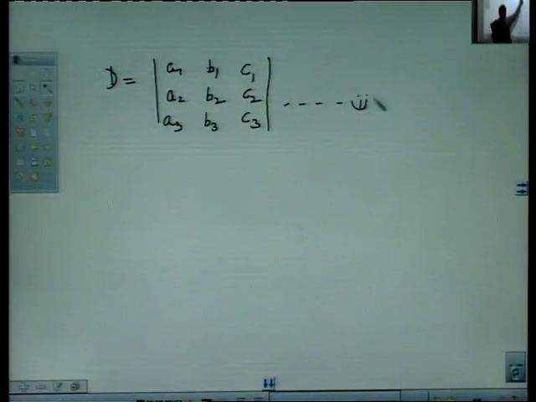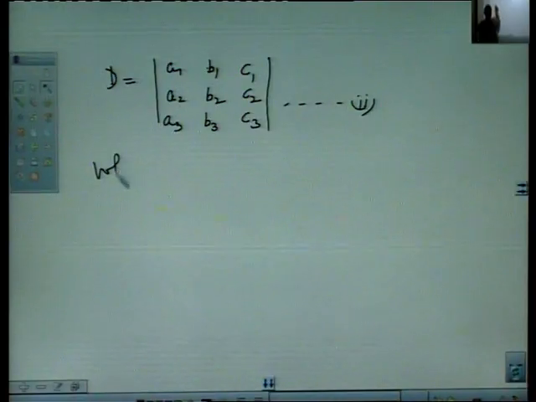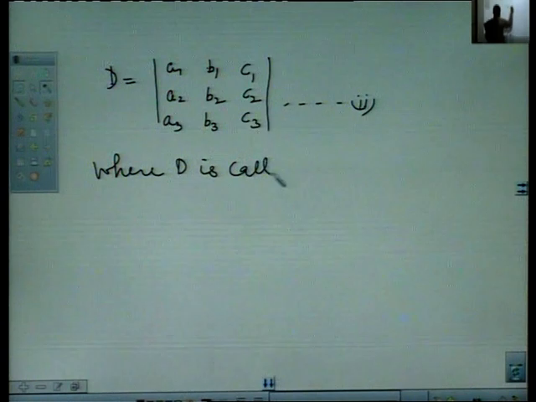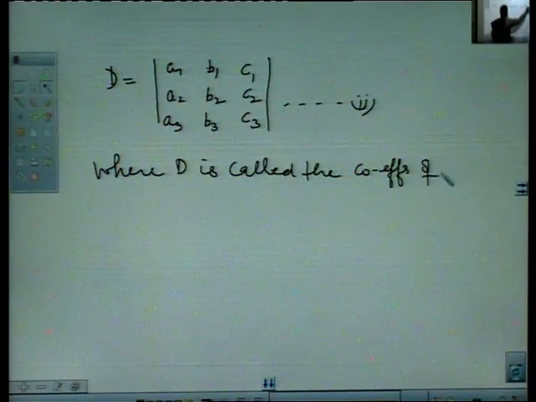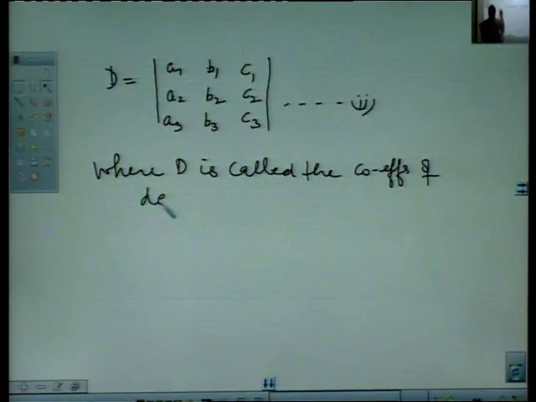Here D is called the determinant of coefficients.